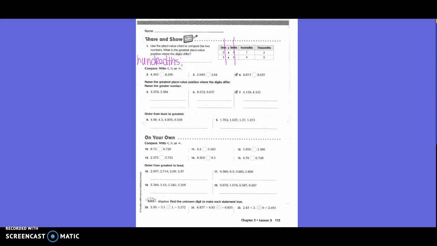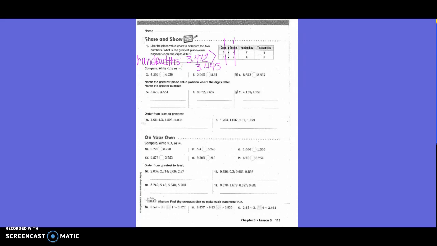And then to compare them, 3 and 472 thousandths is greater than 3 and 445 thousandths. Now we're going to compare 4 and 563 thousandths to 4 and 536 thousandths.